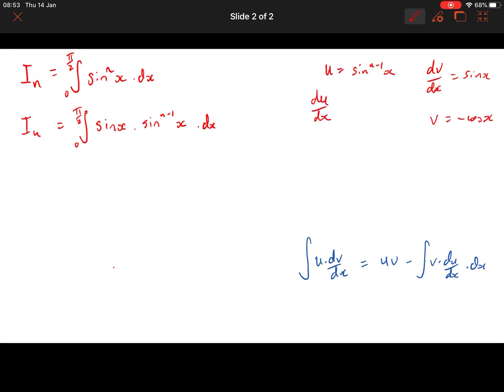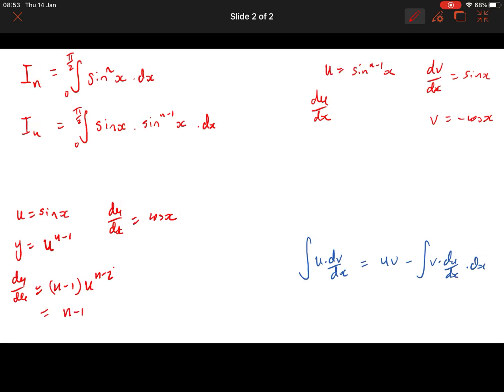And du dx, we're going to use the chain rule. So we let u be equal to sine x, which means y is equal to u to the power of n minus 1. dy du is equal to n minus 1 times u to the power of n minus 2. du dx is equal to cos x.